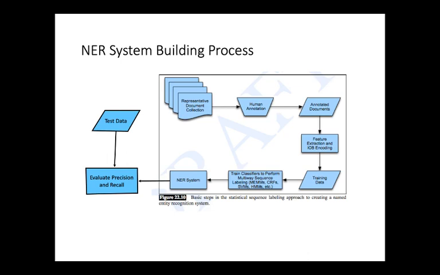Because you have no idea whether your NER system is good or bad, whether you chose the best features, the best classifier. So you take some of your annotated documents that you held out, you didn't train on, and you use this test data to evaluate precision and recall. Then what happens when your system sucks?